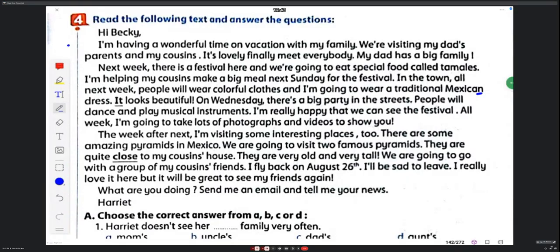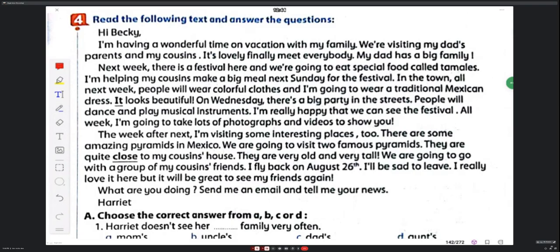No. Now, this is the first paragraph, and it ends here. The second paragraph starts here and ends here. I said next week. Why did you say no? Because you said more than one sentence.